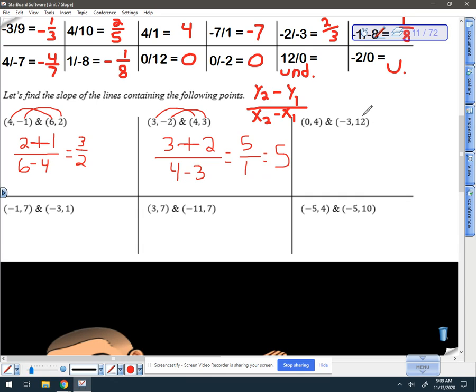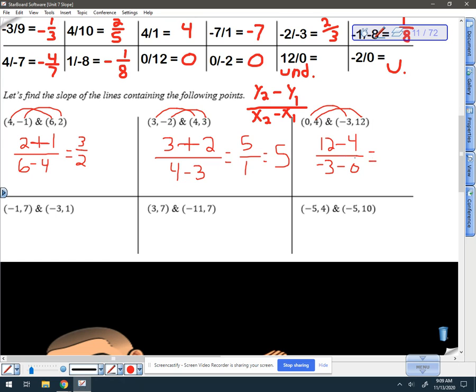Take a look at this one. Y minus y. So our second y, 12, minus our first y, 4, over top of our second x, negative 3, minus our first x, 0.